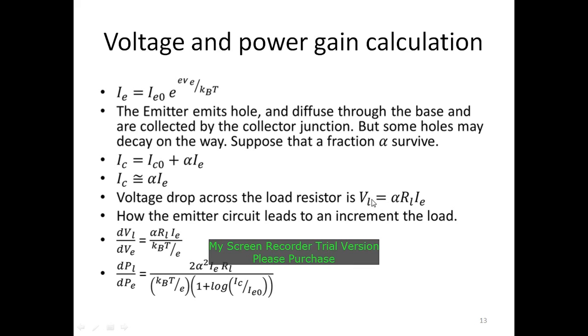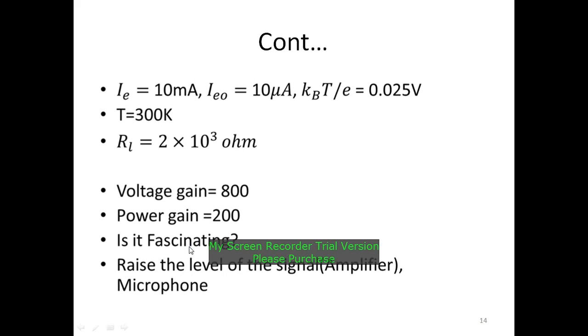So we derive VL by VE to see how the emitter circuit leads to an increment in the load. On the power side, we derive power as voltage times current. So we substitute that in the above equations and we derive the power gain PL by PE, and we get the same two things. So let's consider a physical insight.